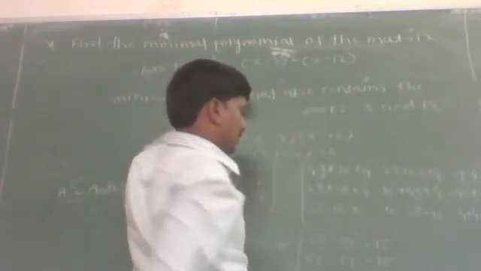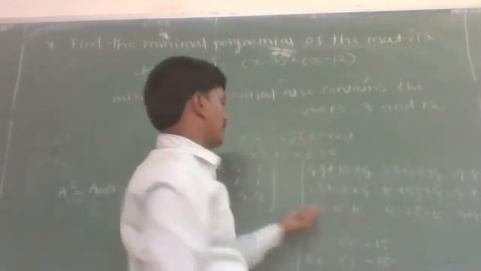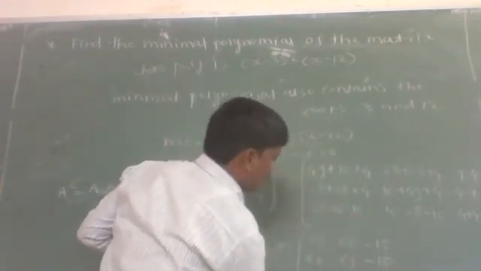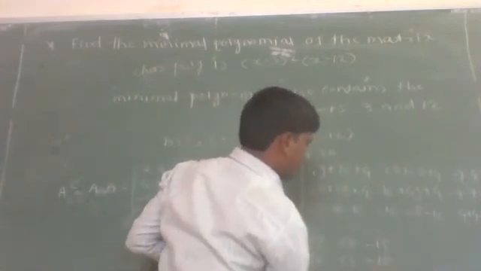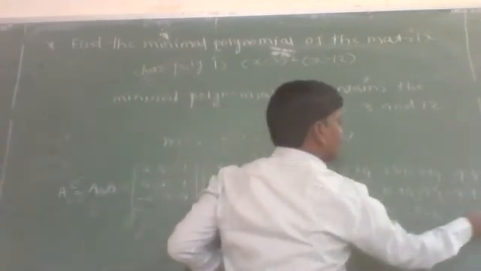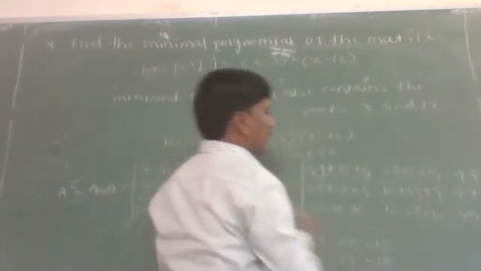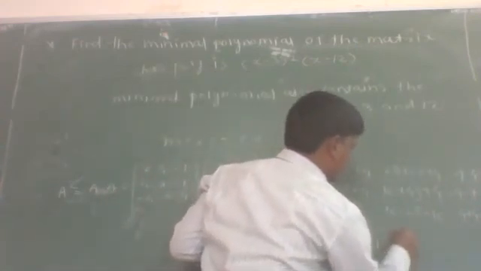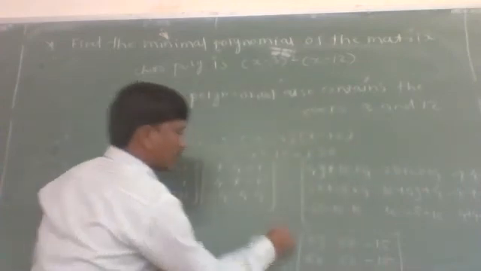Minus 16, minus 16, minus 32, minus 28. Minus 16, again minus 16. 16 plus 4, 20 plus 24. So here we get A square equal to [69 60 -15; 60 69 -15; -60 -60 24].